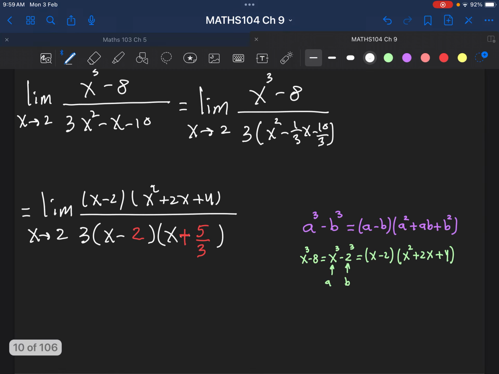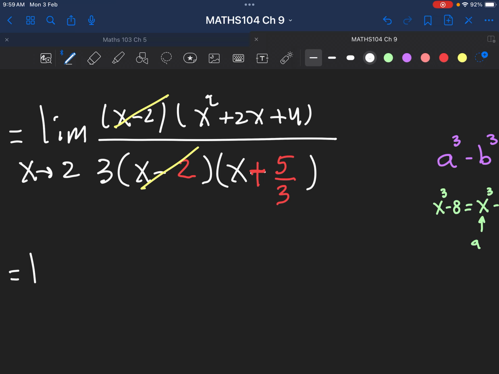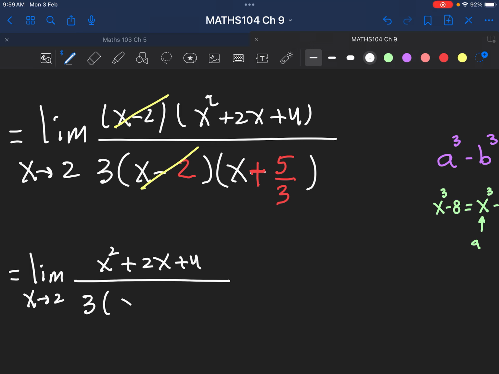Now there is a clear cancellation. We can see x minus 2 would cancel with x minus 2. So we will end up with limit x goes to 2, x squared plus 2x plus 4. In the numerator, we have 3, and then we have x plus 5 over 3. And this is exactly what we have.